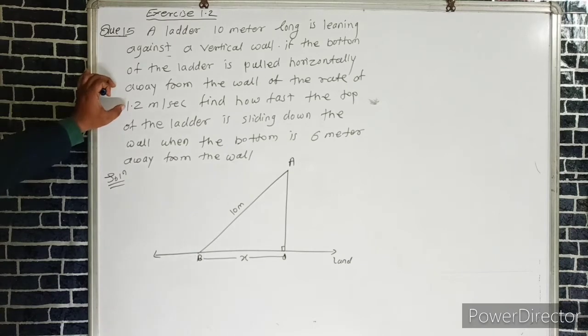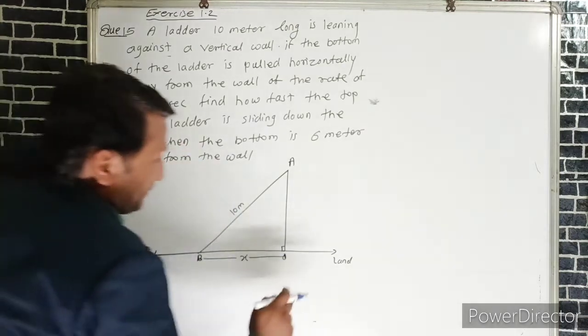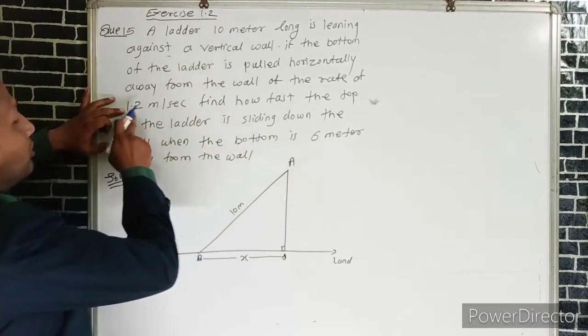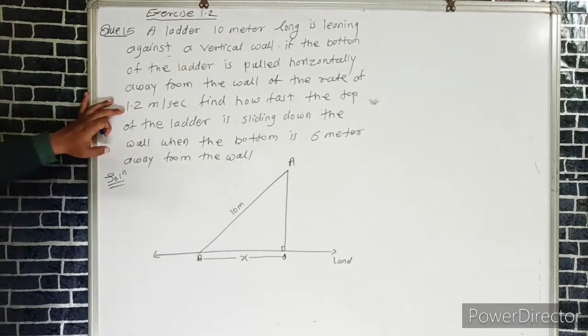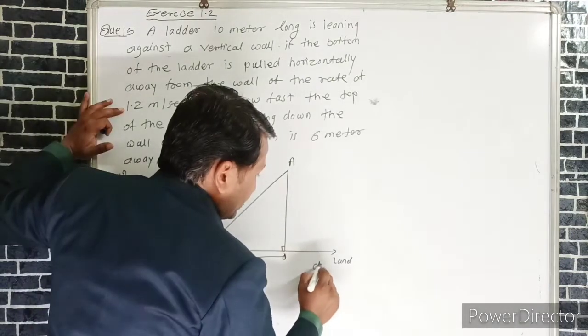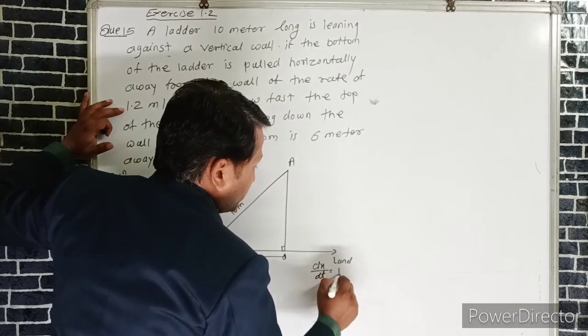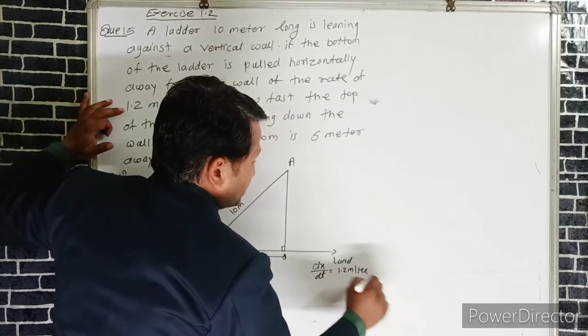The rate is 1.2 meter per second. It is given that the rate of change of the bottom of the ladder, dx upon dt, is equals to 1.2 meter per second.